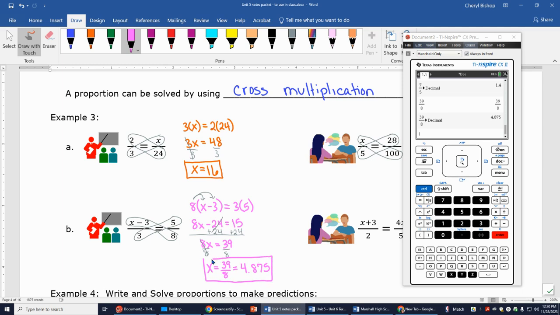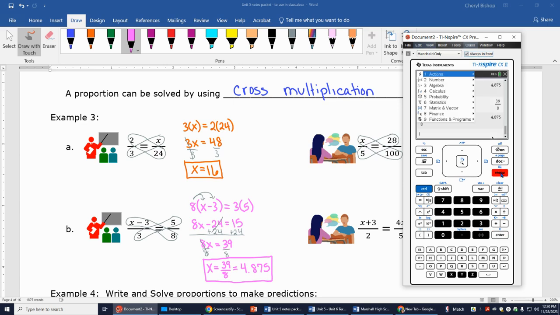Some of you may have been shown when you have that 39 divided by 8 and you're like, oh, it doesn't reduce, to hit Control Enter, and that will give you your decimal. And 90% of the time it will, but depending on how you use your calculator, sometimes this gives you a wrong answer. So I would just be real careful when using that.